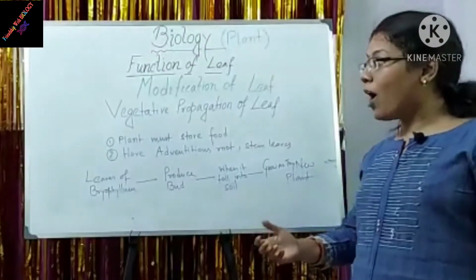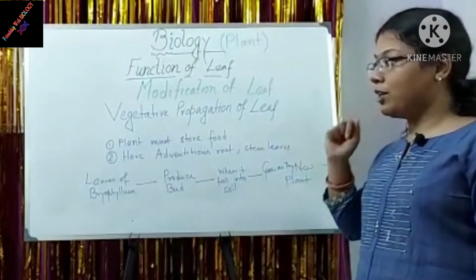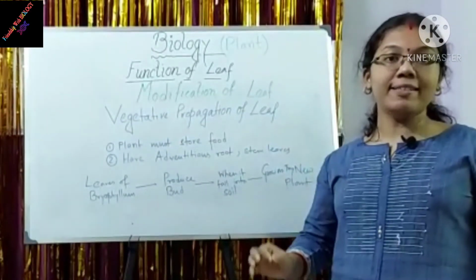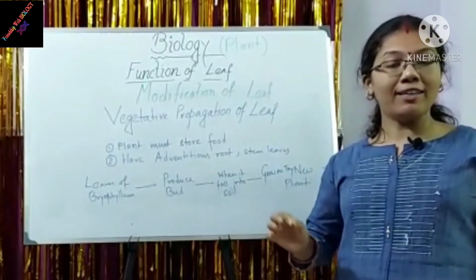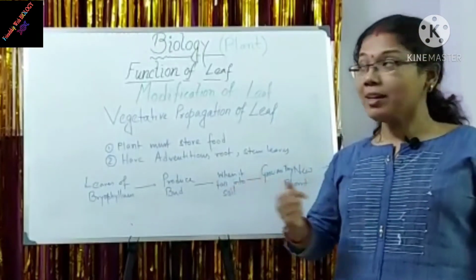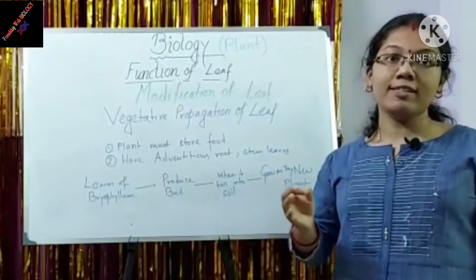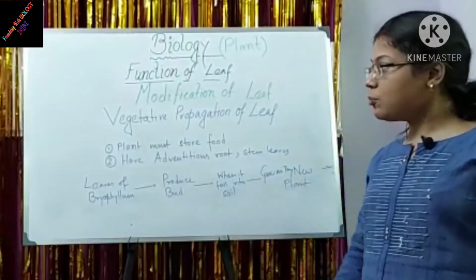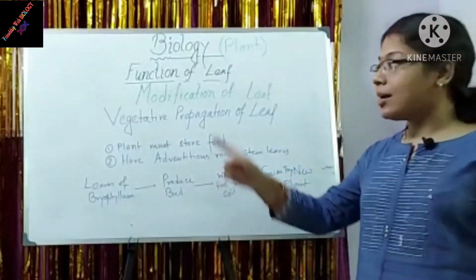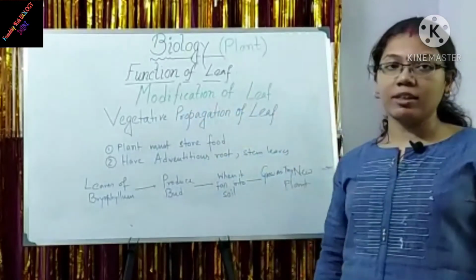So friends, what is vegetative propagation of leaf? Plants mainly propagate by seeds, but in some cases plants propagate by root, stem or leaves. This propagation is known as vegetative propagation.